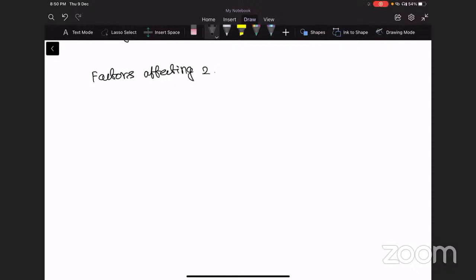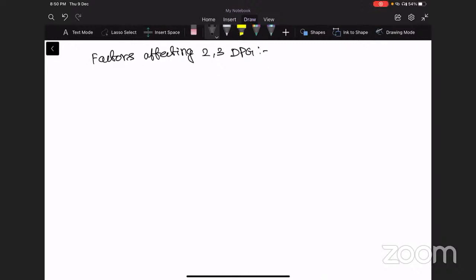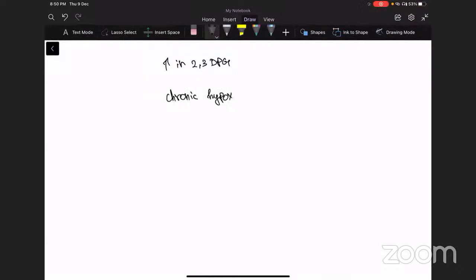Then we'll move on to important physiology factors affecting 2,3 DPG. Increase in 2,3 DPG is seen in case of chronic hypoxia, in anemia.